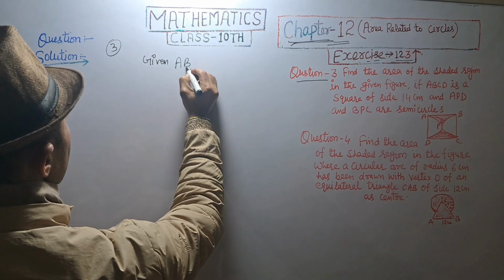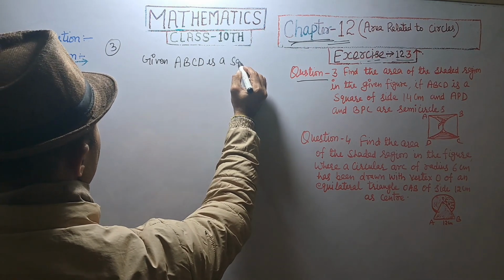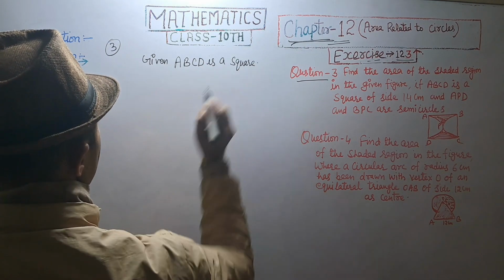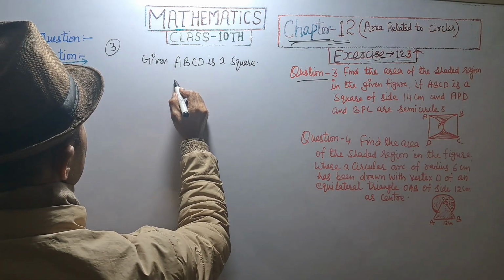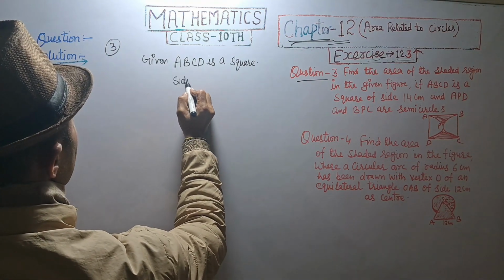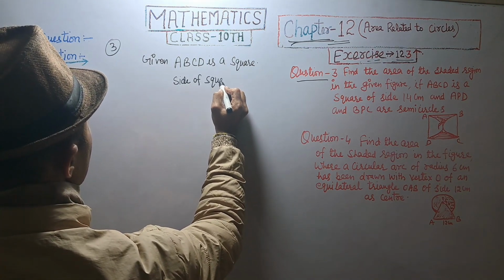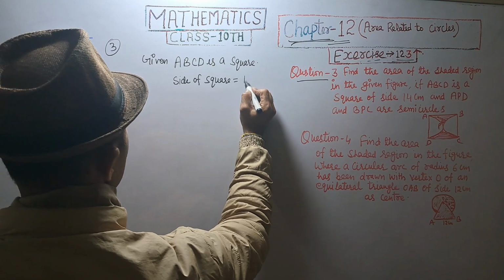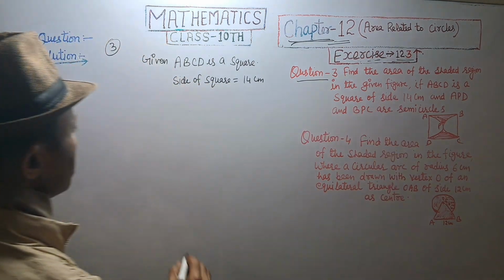Given: ABCD is a square. Side of square is equal to 14 centimeter, given.